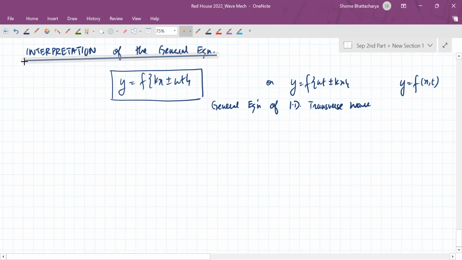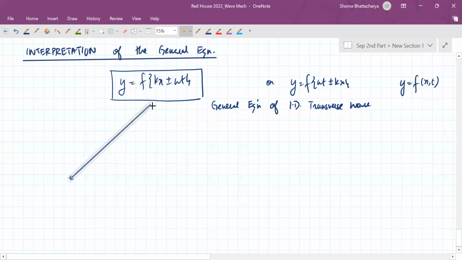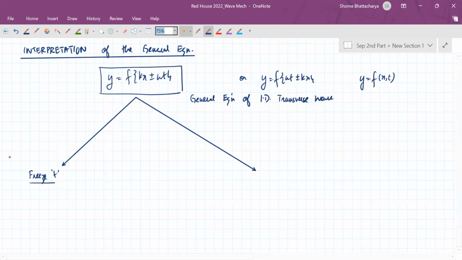So one way to interpret it is that if we freeze the value of time, like we had done in the two graphs that we talked about earlier, at t equal to 0 and t equal to 20 seconds or whatever, what we get is what is called a snapshot picture.